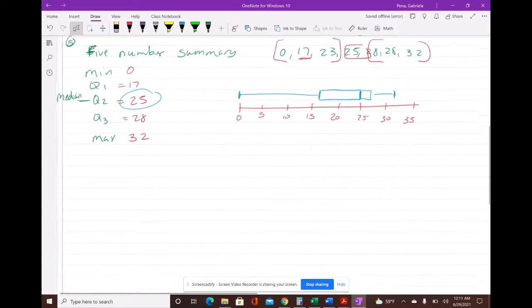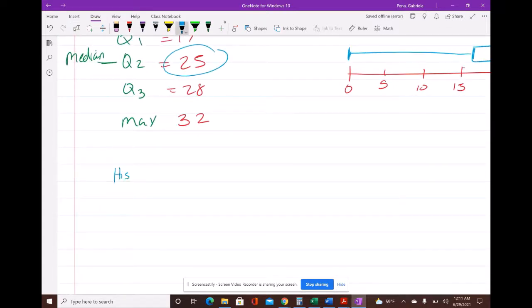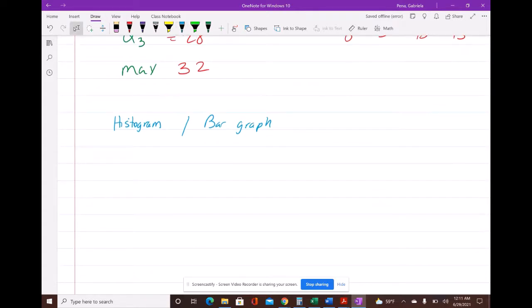Another thing that I saw while grading your first test is, do you understand the difference between a histogram and a bar graph? When they give you information, and most of you all did the graphing perfectly, but it was just drawing the bars.